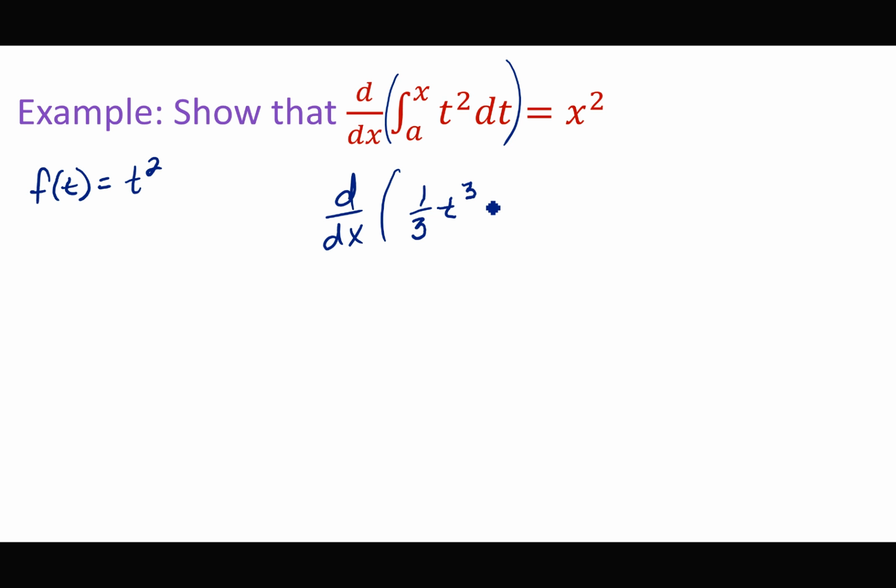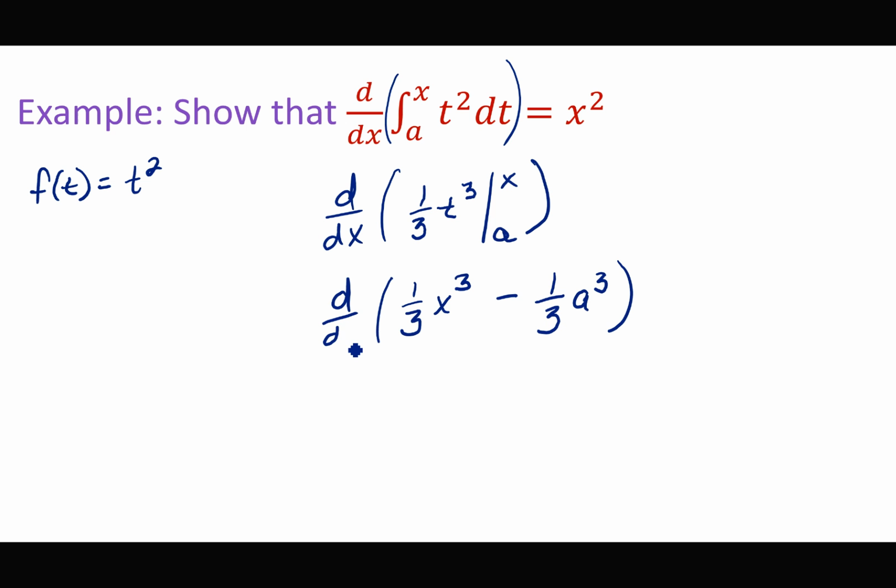And we're going to evaluate that from a to x. And so we'd have 1/3 x cubed minus 1/3 a cubed. And again, we're taking the derivative of all of that.